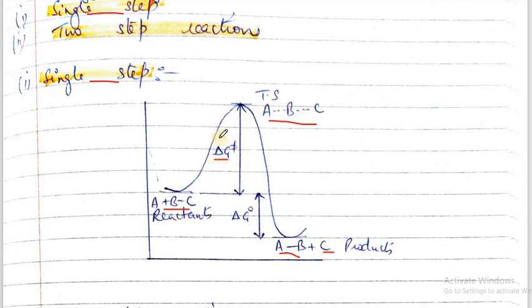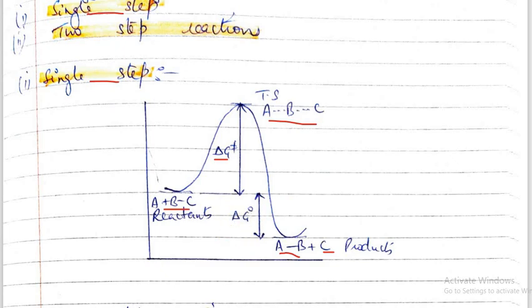It means this is a reaction in which a transition state is involved. Wherever a transition state is involved, we can show delta G double dagger, and it is the free energy of activation. This is the difference of energies, so that is the energy released or absorbed. It is represented by delta G naught.